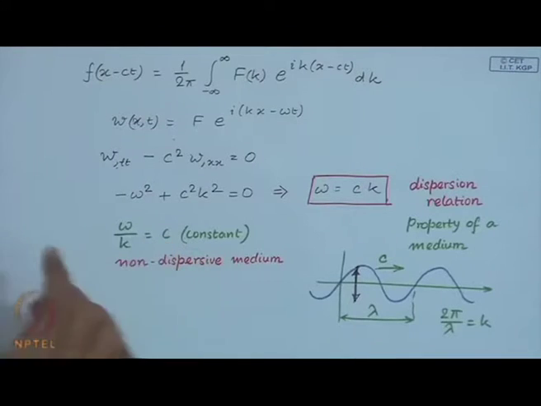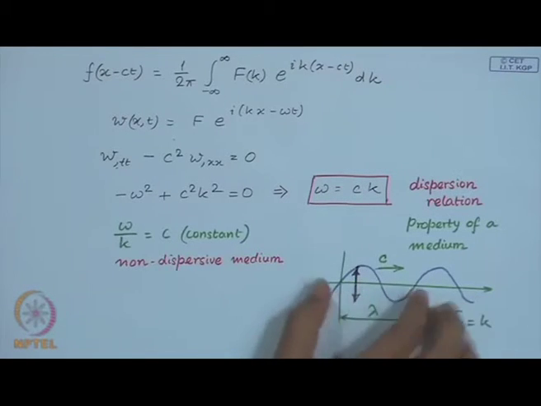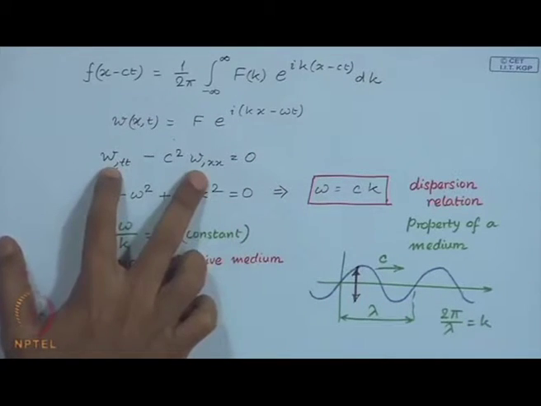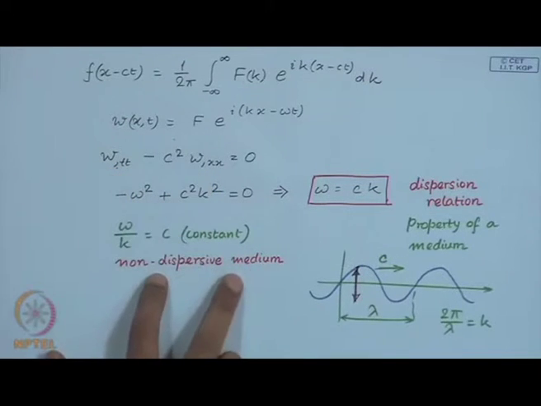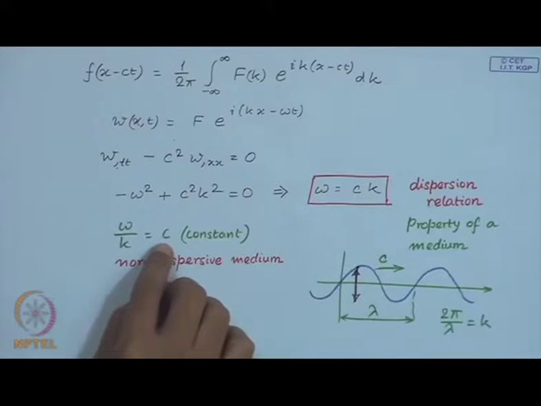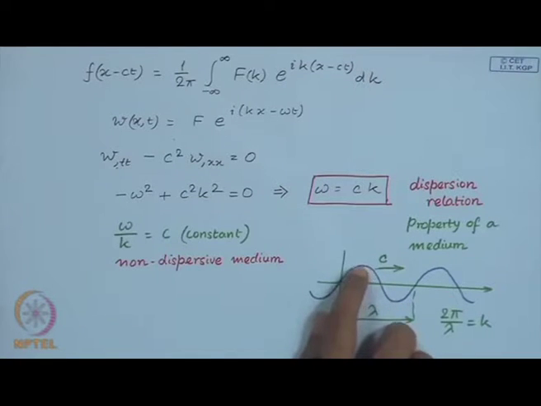You see this c, as you know, is the speed of propagation of this harmonic wave or any wave pulse in the kind of medium that we are discussing, which are governed by the wave equation. So, the media which are governed by the wave equation are all non-dispersive media. In that, c represents the speed of the wave. If I look at this crest, it is the speed at which this crest moves. Now, if that is independent of the wavelength or the frequency, then something interesting happens.